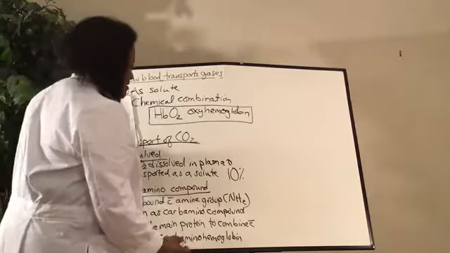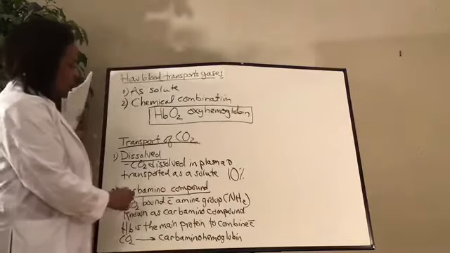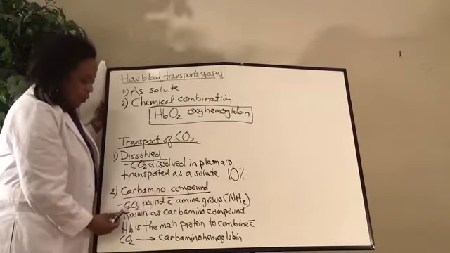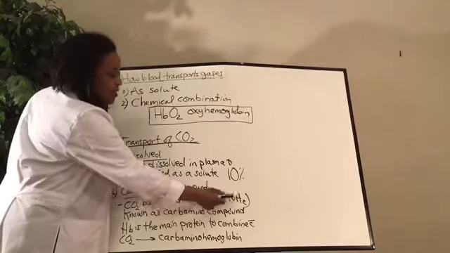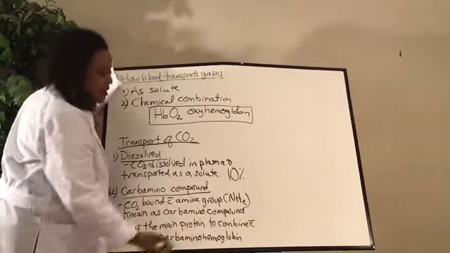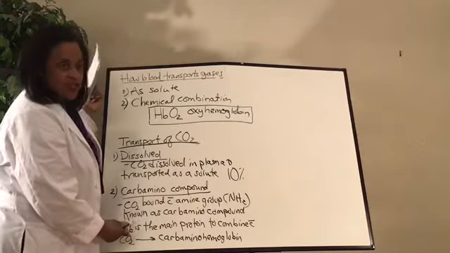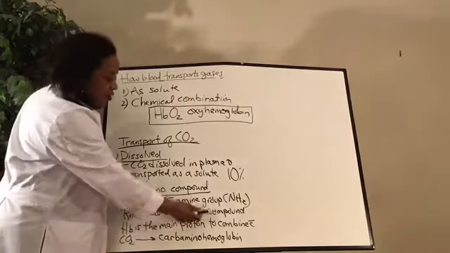And it looks something like this. So a carbamino compound is when carbon dioxide is bound with an amine group, and this will be the amine group NH2. This is known as carbamino compounds.